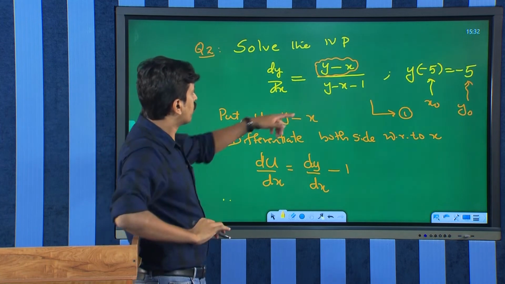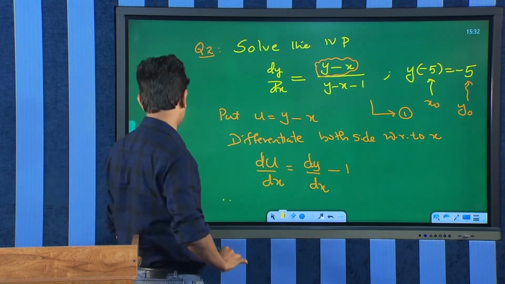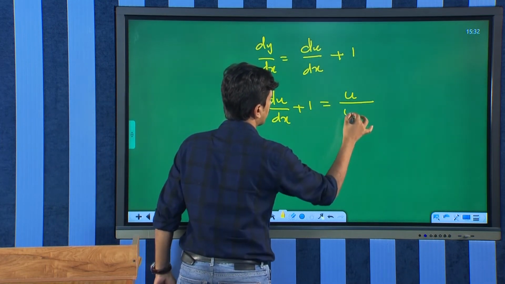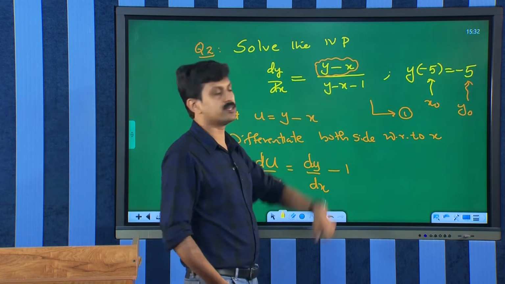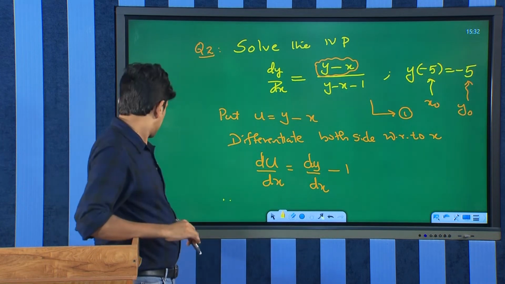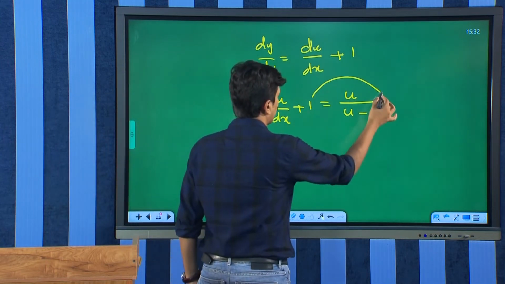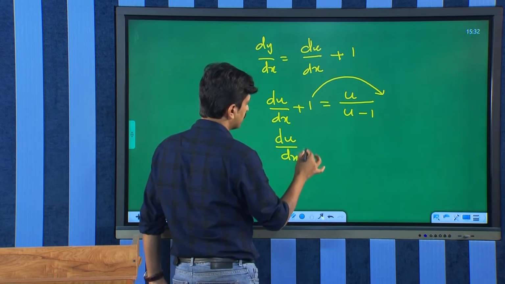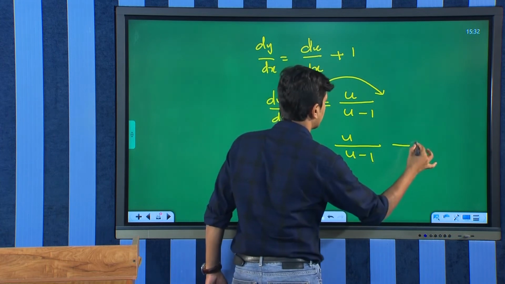Now, y minus x divided by y minus x minus 1: y minus x is u, therefore u divided by u minus 1. Therefore, du divided by dx is equal to u divided by u minus 1, minus 1.